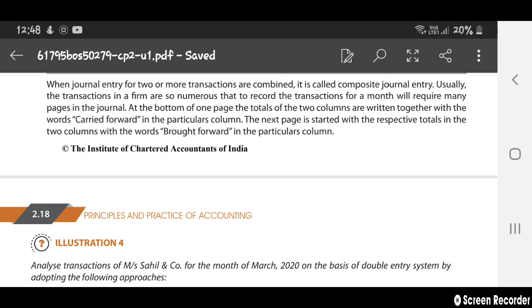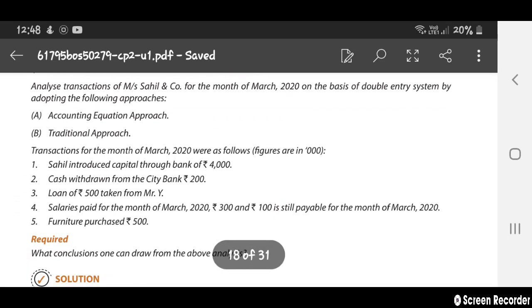And the next page is started with the respective totals, with the words brought forward in the particular column.